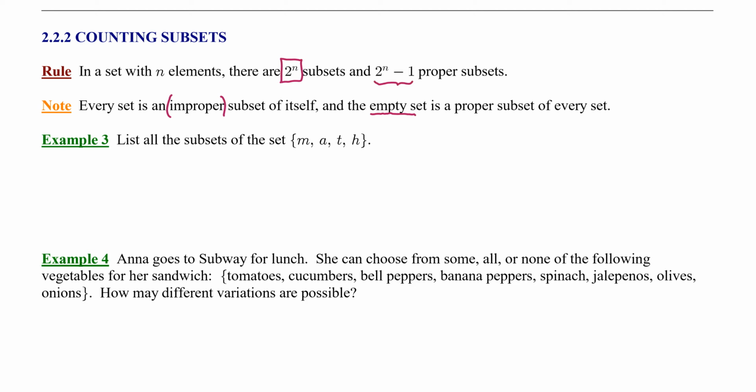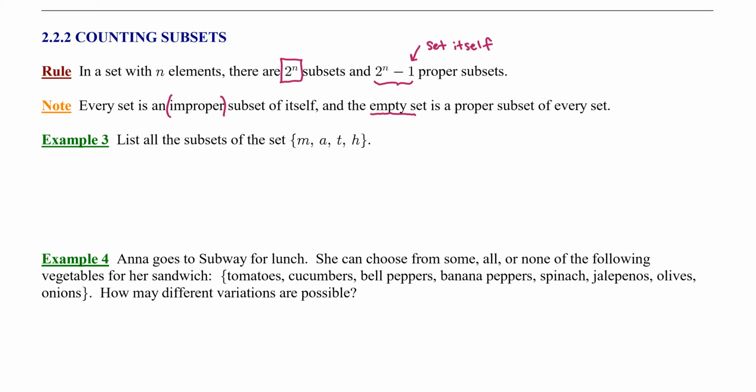So when we subtract 1, the one that we are subtracting here is the set itself. It is the only one that is an improper subset, or the only set that is equal to itself. So to count the number of subsets of a set that contains n elements, we evaluate 2 to the nth power, and the total number of proper subsets is 2 to the nth power minus 1.